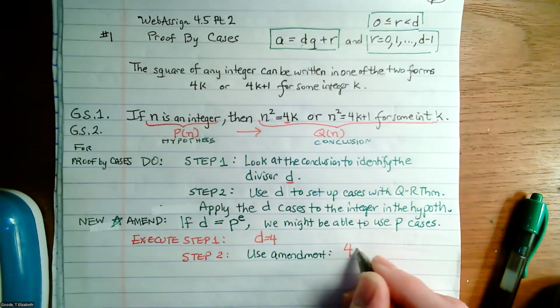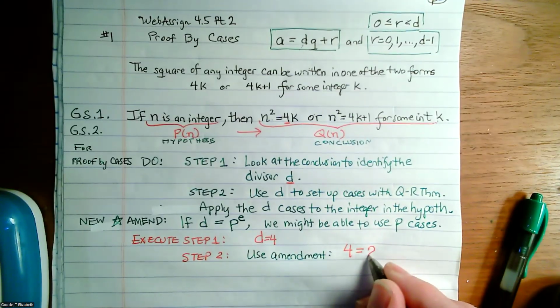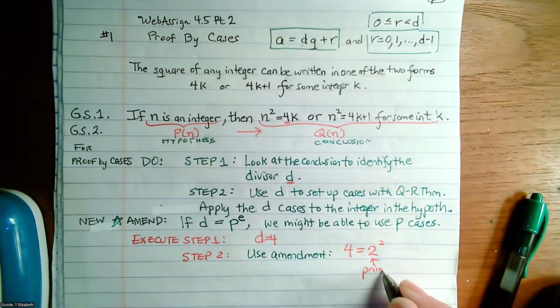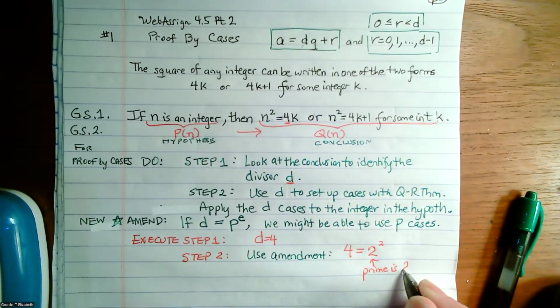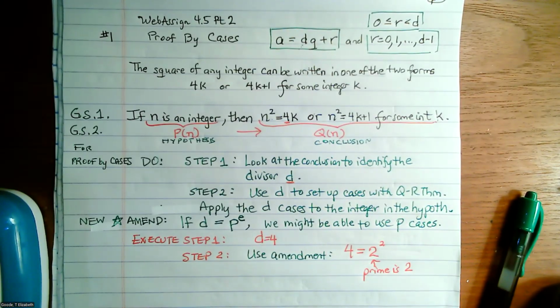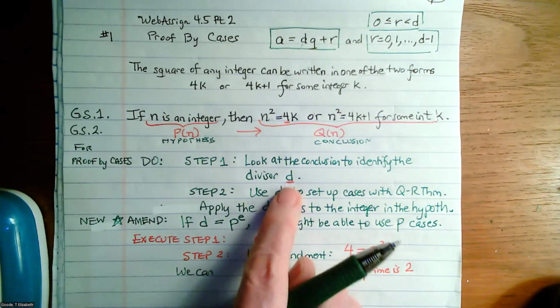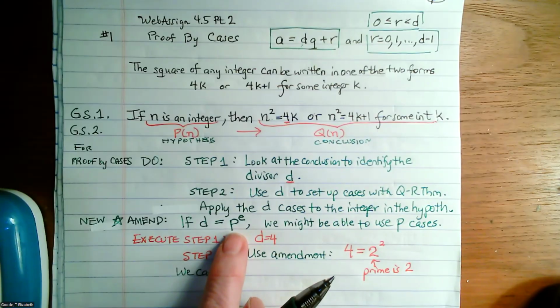Four is actually equal to the prime 2 squared. So the prime is 2. We can actually use 2 cases because the divisor is a power of 2 and it doesn't have any other factors.